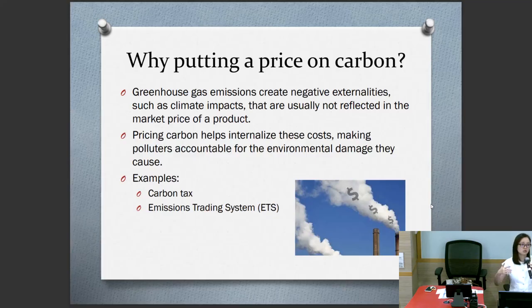The allowance means that you are allowed to emit a certain amount of carbon. If you can reduce your carbon emissions such that your actual emissions are less than the allowance, then you can sell the allowance to other organizations. So it gives organizations some financial incentive to invest in reduction strategies or clean technologies and others.